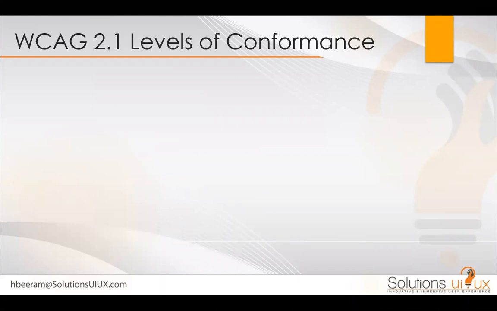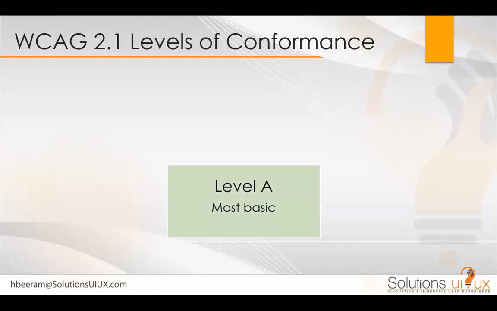So I mentioned earlier about AA and AAA level of conformance, right? There are three different levels of conformance. The first level, A, is the most basic level of conformance, meaning you have a little bit of coverage for accessibility. You're doing some minor things, but it is still basic.